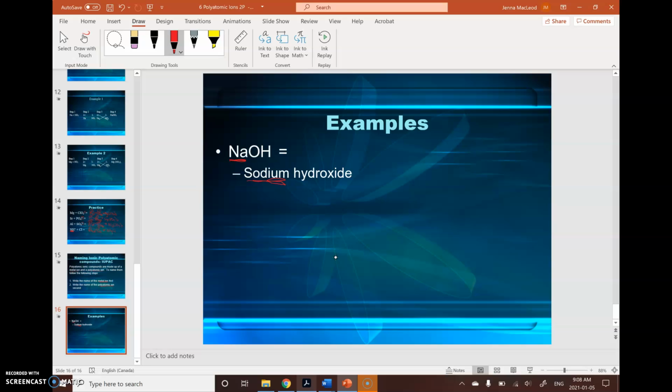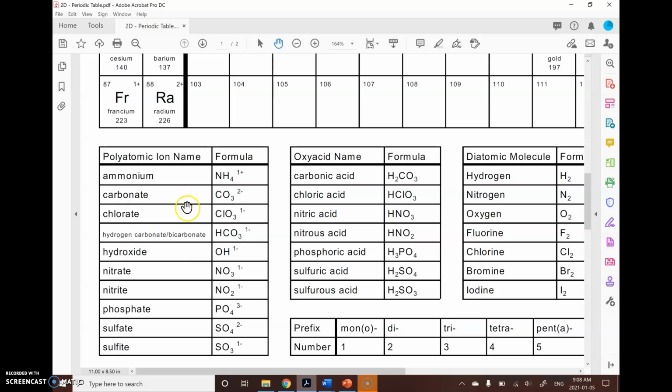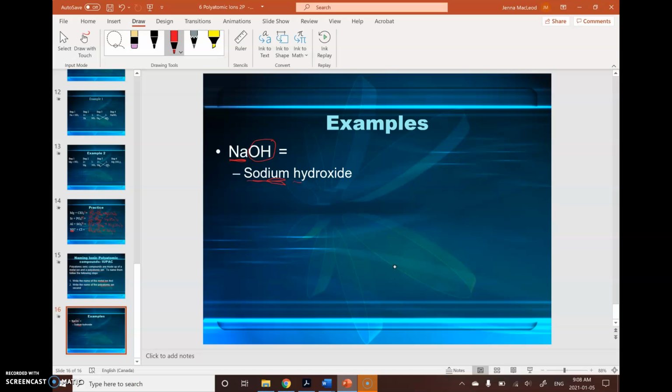That's a good indication that we have a polyatomic ion, and it's right here. If you don't know what that is, you just look at your periodic table and look for OH, and it's right here, and you just write what the name is. There's no changing of anything, you just write what you see in this chart. So it's hydroxide.